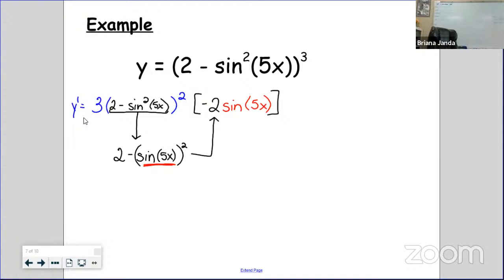So our inside was the sine of 5x, right? Here's my inside. We're going to put its derivative over here. Derivative of sine of 5x. Outer layer is sine, right? Its derivative is cosine. Don't change the inside. Times the derivative of the inside of that.